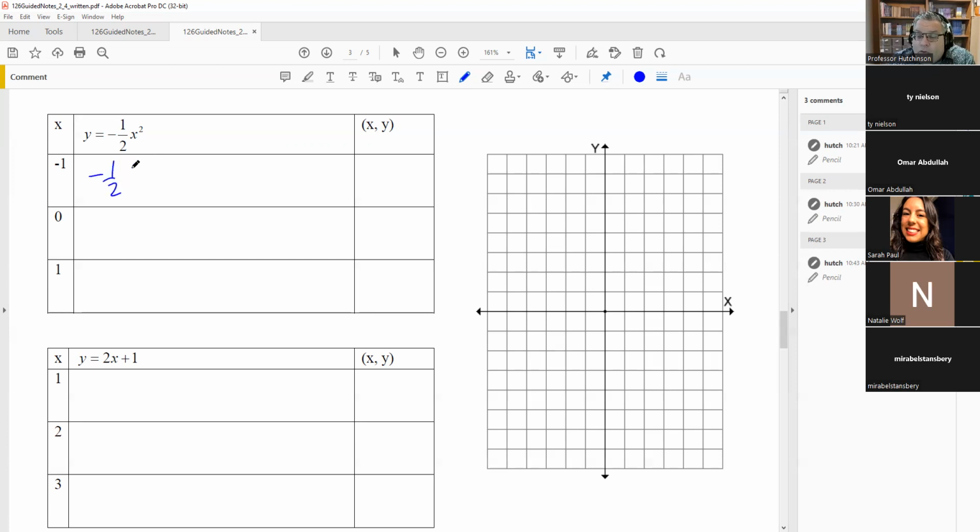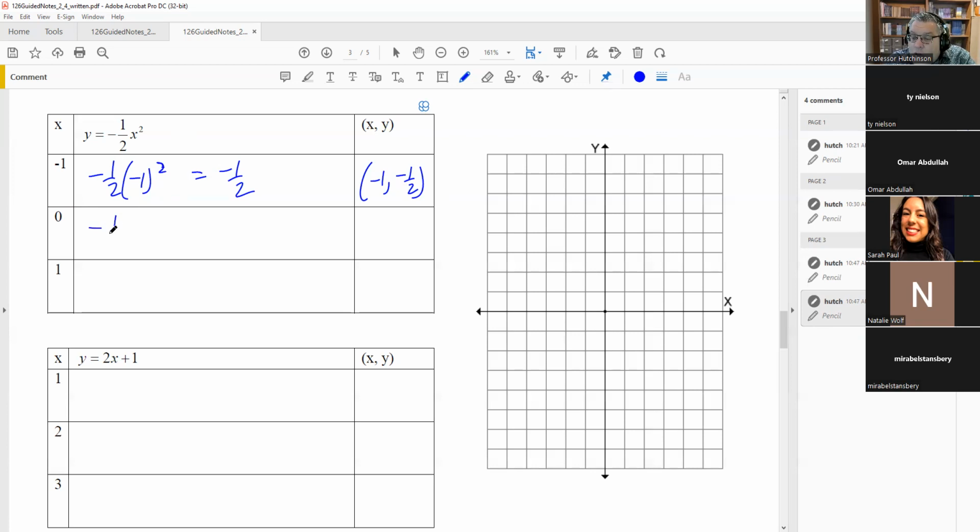So -1, I have negative squared. This is going to be -1/2. So I have -1 and -1/2 right there. Okay, so I have -1 and -1/2.